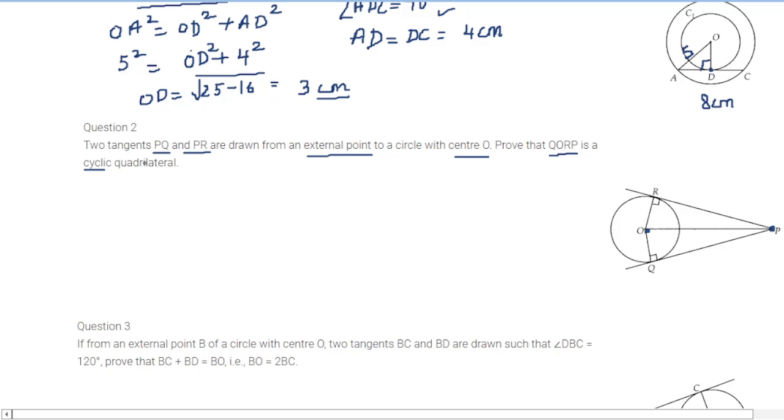So let's first understand what a cyclic quadrilateral is. A quadrilateral in which the sum of the opposite angles is 180 degrees is called a cyclic quadrilateral.